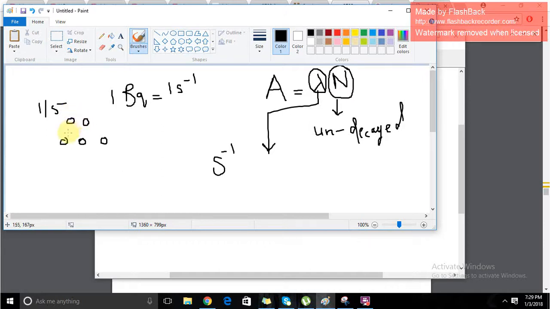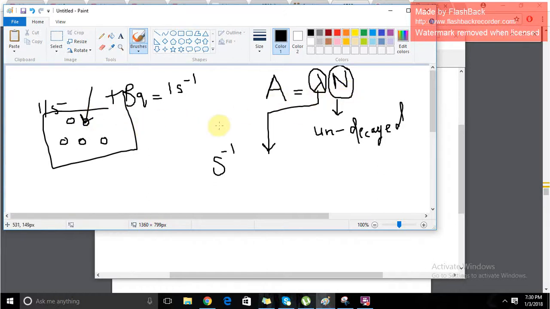Same as for this, same as for this, and same as for this. So don't complicate yourself with what the hell that means. For A-levels, I suggest that you just get a grip of the definition. They aren't going to ask you to really go into detail about the decay constant. Just remember the definition. It is a probability, the probability of an individual nucleus decaying per unit time interval.